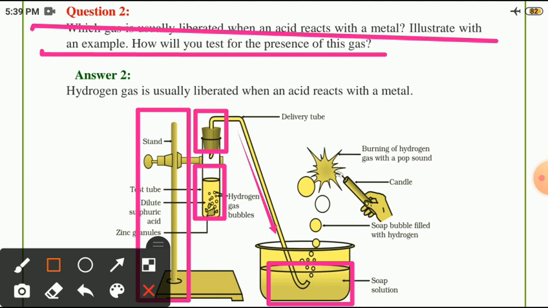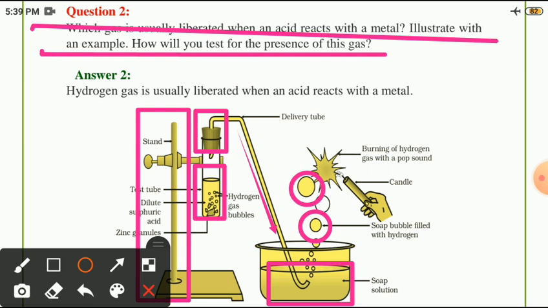As the reaction will start between the acid and zinc granules, there will be the production of hydrogen gas and we will observe the bubbles in the soap solution. These bubbles are of the hydrogen gas. And now here, how to check the presence of this gas?